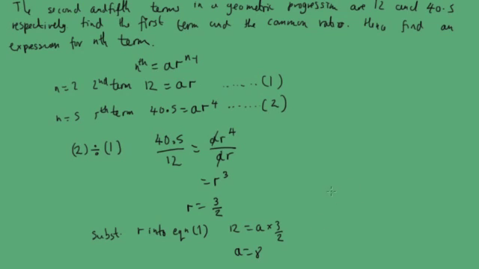So our general term, the nth term, is A R to the n minus 1, which is going to be 8 times 3 over 2 to the n minus 1.